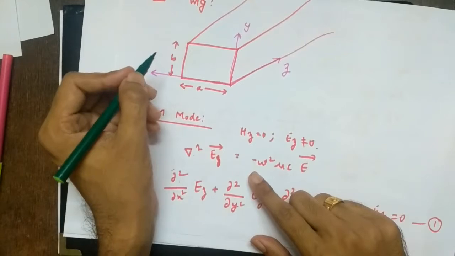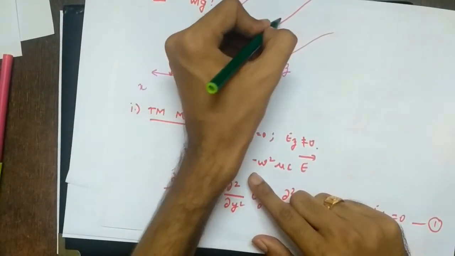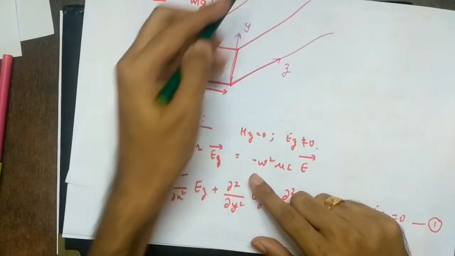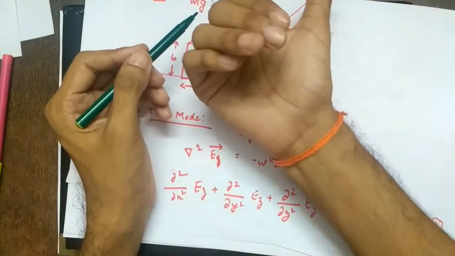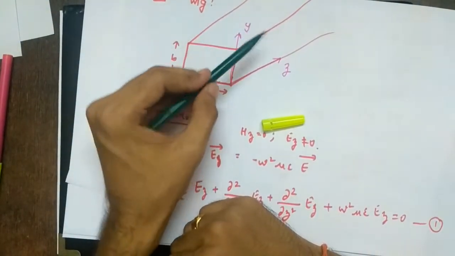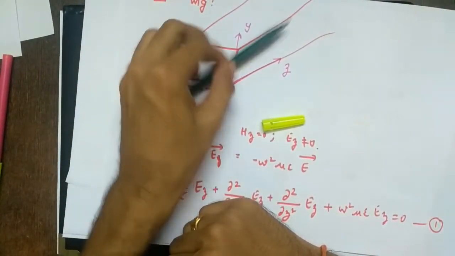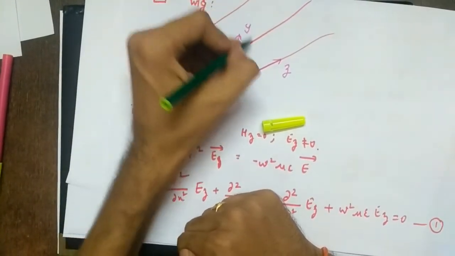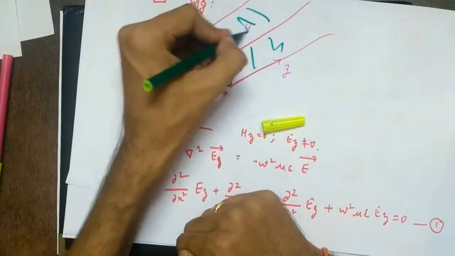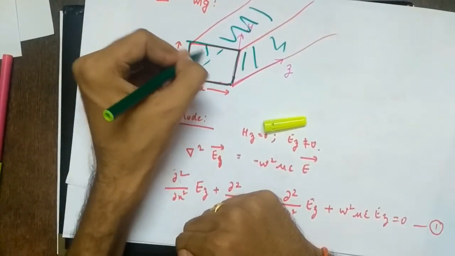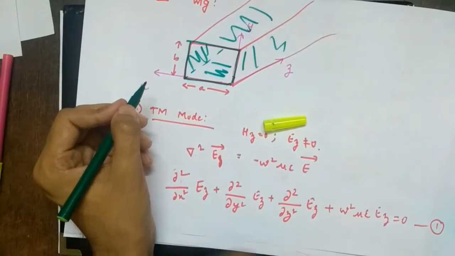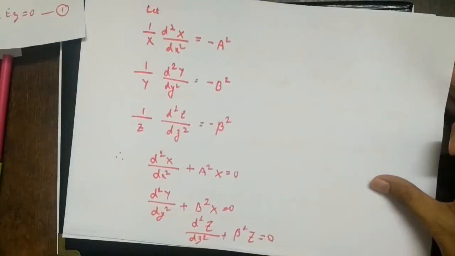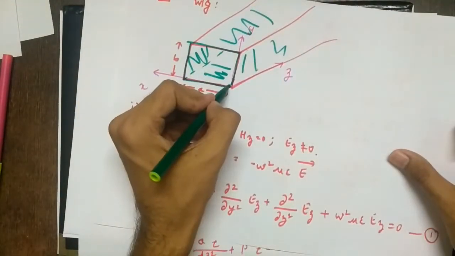The wave is traveling along the z direction in this waveguide. So all these four walls are the tangential components, represented by the green sketch pen. All four broad walls are my tangential components, and we know at the boundary the electric field should be 0.